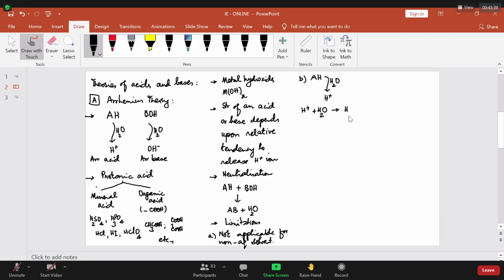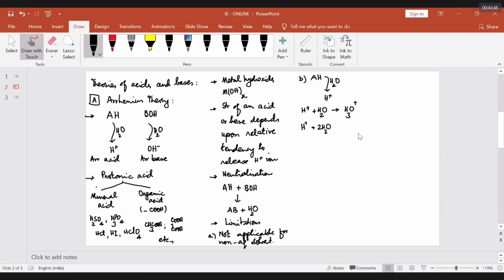Sometimes it will go even with 4 water molecules to give H9O4 plus, which is the hydrated form, and here in this case we have H5O2 plus. These are all forms of existence of H plus ion, but most commonly we insist upon hydronium ion.